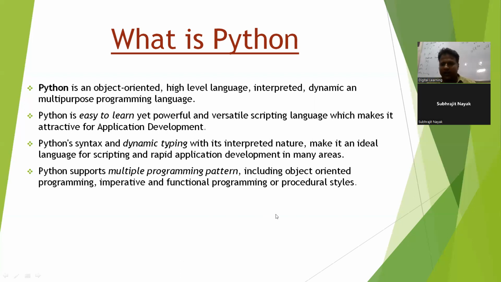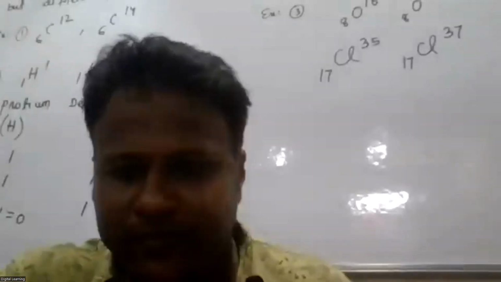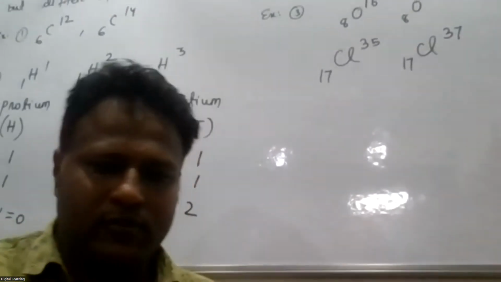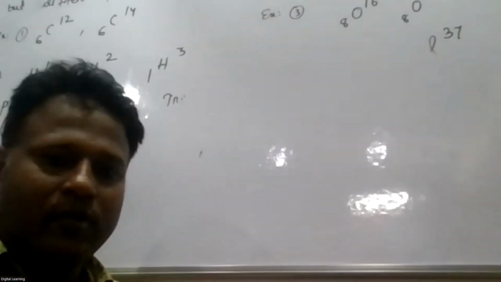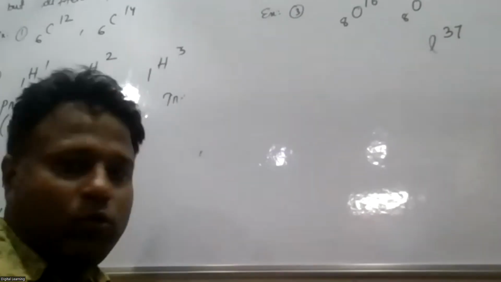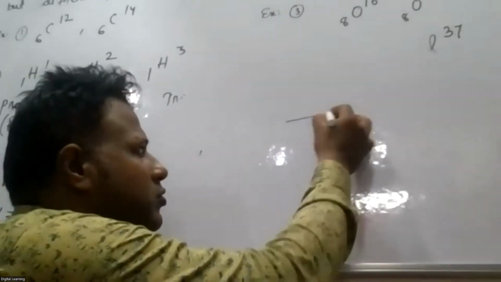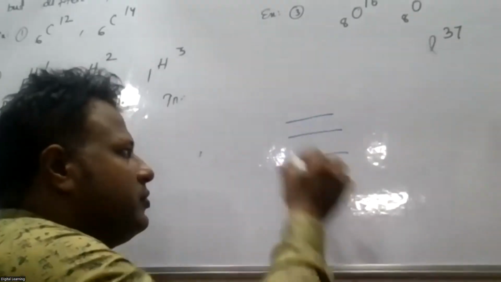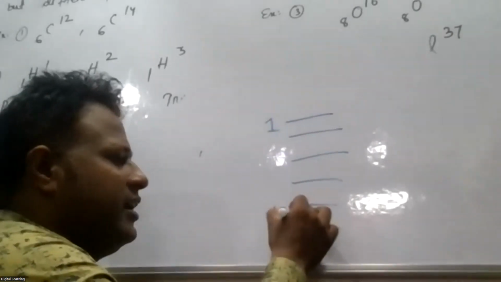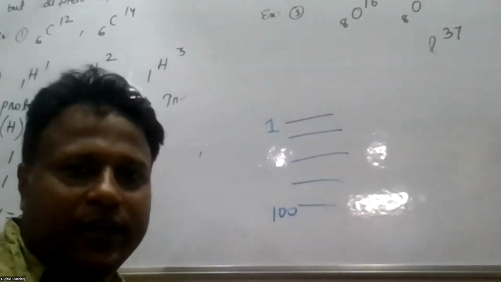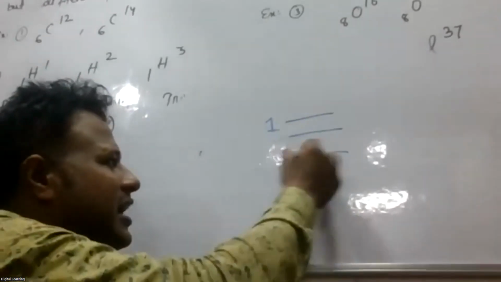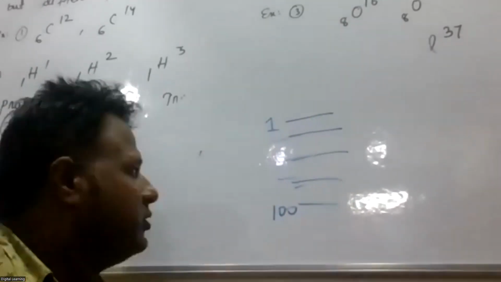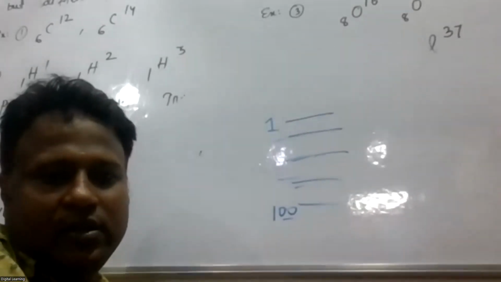Interpreted. So what does interpreted mean? Interpreted means, suppose I write the code, like 1 to 100. When it is interpreted, it compiles every line of code and goes to line 100.